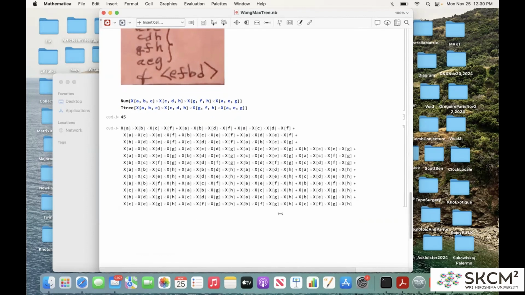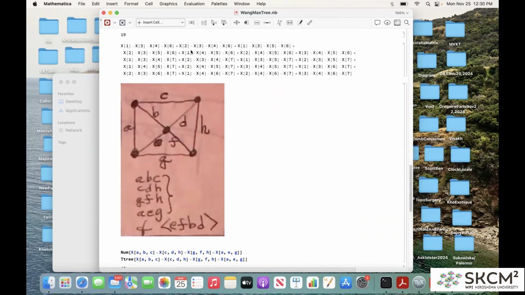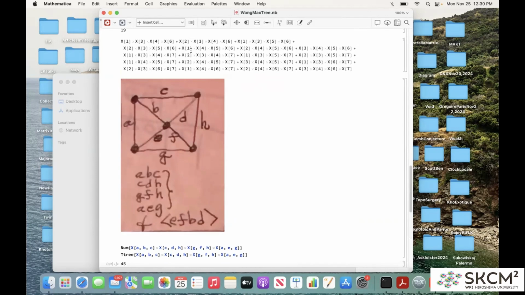And I asked it to write out what the trees are, and that's not very pretty to look at. But if you look at the individual products in there, there are the trees, and they've all been enumerated. So it can be done, right? If you use Mathematica, I can share the program with you. Otherwise, you can give it a try on your own.